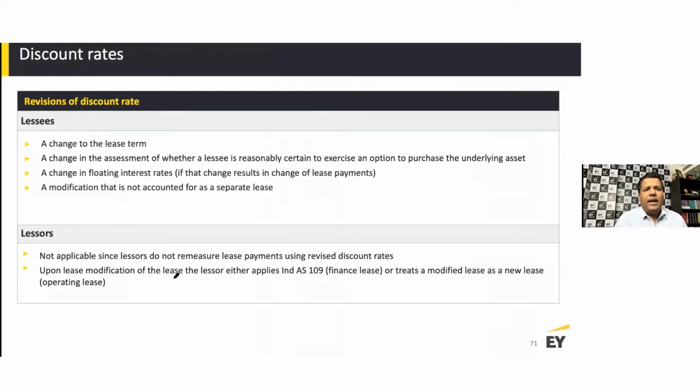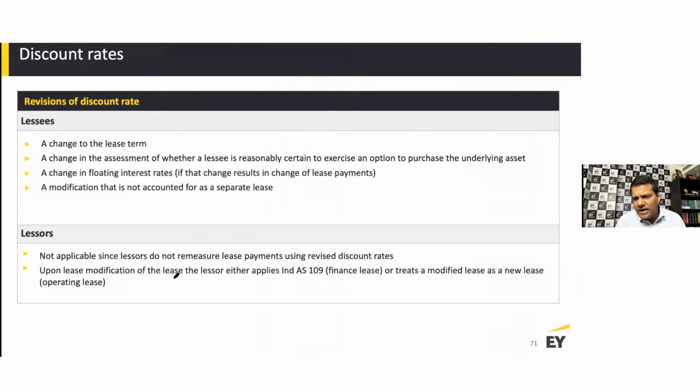Okay. Now let's just recap quickly from a discount rate perspective. It is very, very important for us to understand this from a lessee perspective. I'm going to use the interest rate which is implicit in the lease arrangement. Now, if that is not available, then I'm going to look at the lessee incremental rate of borrowing, right? And when do I need to revise them?